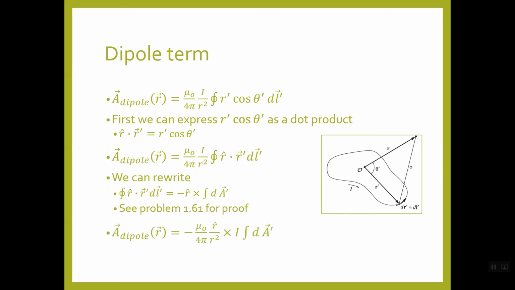So I plug that into my magnetic vector potential, rearrange some things, and change the order of the cross product to get rid of that minus sign.